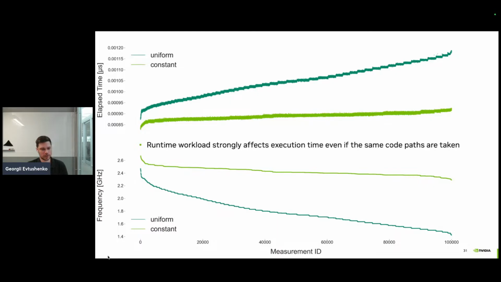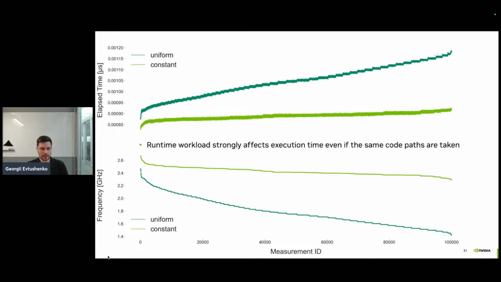If instead of that, we just have, let's say, some constant that is close to zero, and we select this constant in a way that leads to all the same number of elements being written back to memory, all the same code paths are taken in the kernel, you can observe that the elapsed time can drop significantly. So why would that happen? Why would the same code paths lead to different frequency scaling, different execution time?